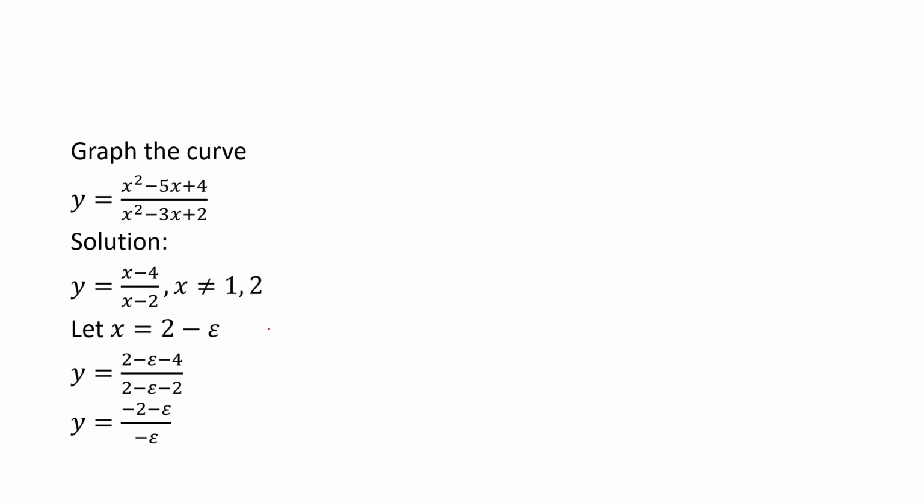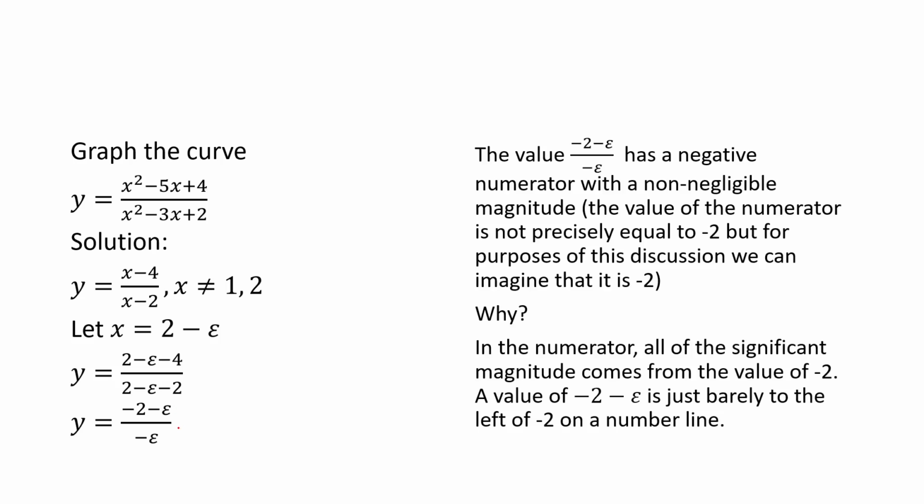So letting x equal 2 minus epsilon, and remembering that after we simplified, we had x minus 4 over x minus 2, we get 2 minus epsilon minus 4 over 2 minus epsilon minus 2. Simplifying the numerator, we get -2 minus epsilon. Simplifying the denominator, we get negative epsilon. Now, let's think about this.